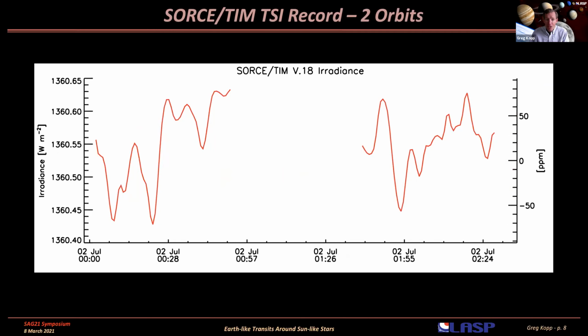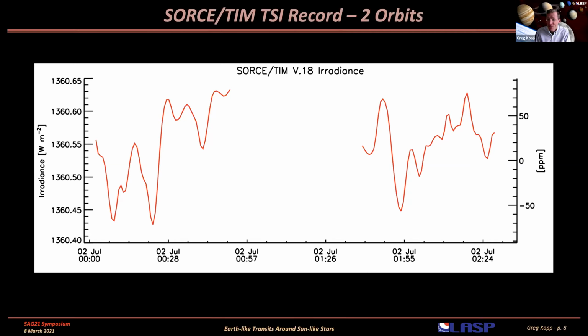And again, on these 5 to 10 minute time scales, variability of 50 to 100 parts per million. On top of which you want to try to find an 80 part per million decrease in the intensity as a planet goes across the sun. So it seems frighteningly difficult to do.